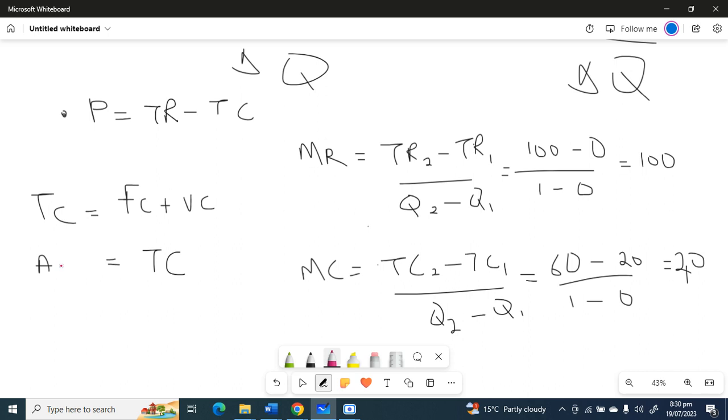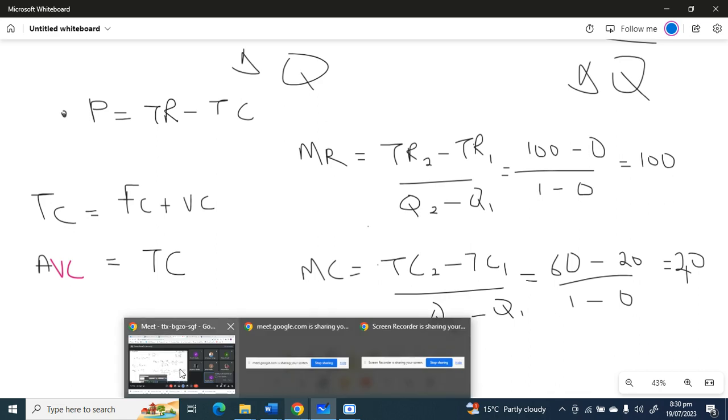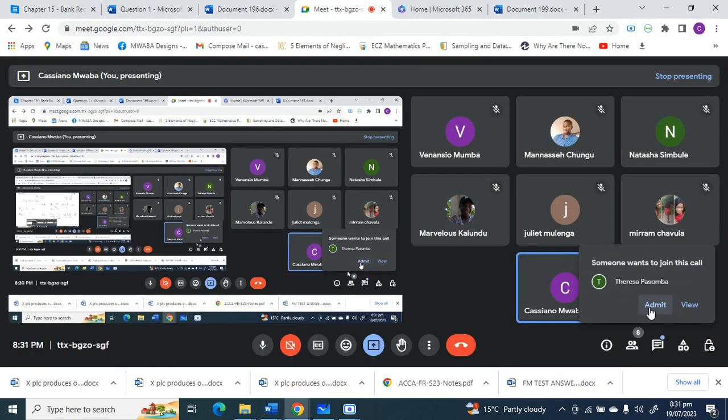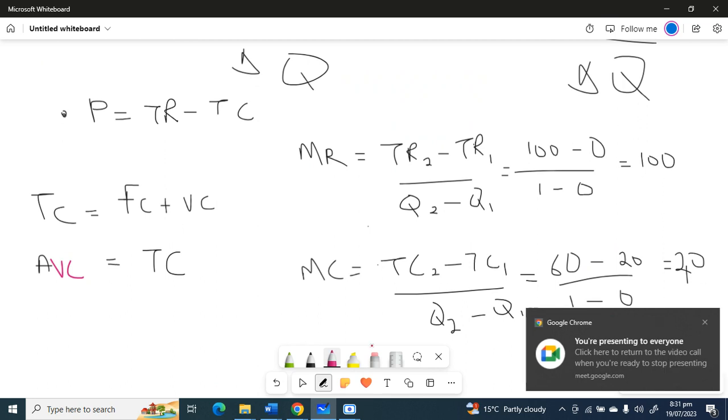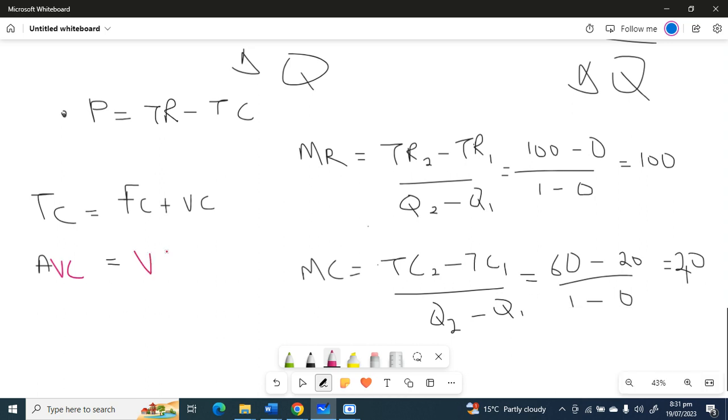But if we say average variable cost, average variable cost is our total variable cost, VC, divided by quantity.